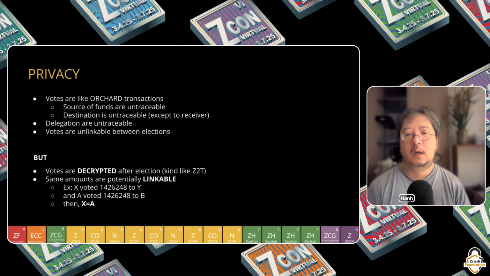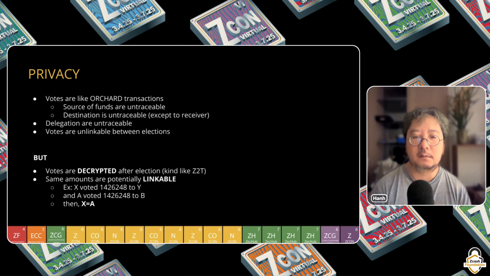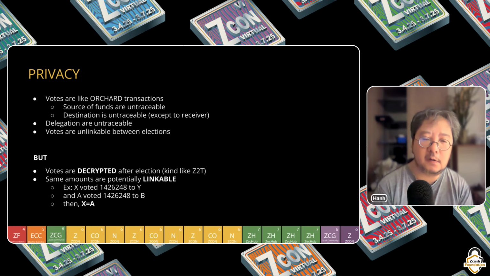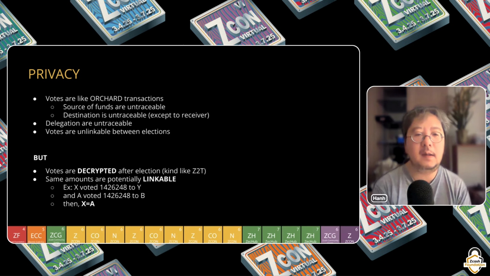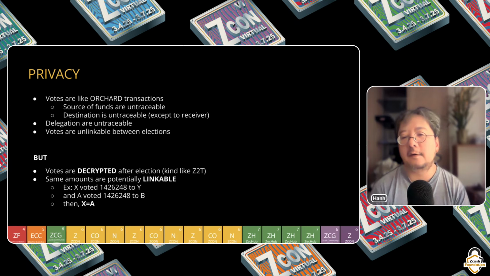Right? So I wanted to point out that technically the protocol does not have linkability, but because the results have to be disclosed, there's linkability at that level.